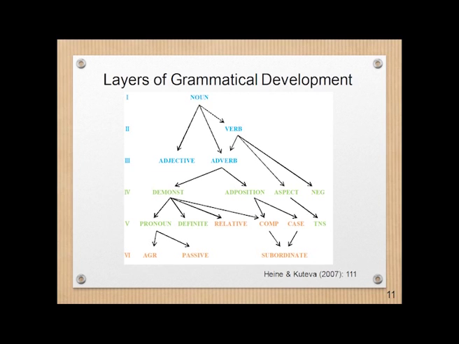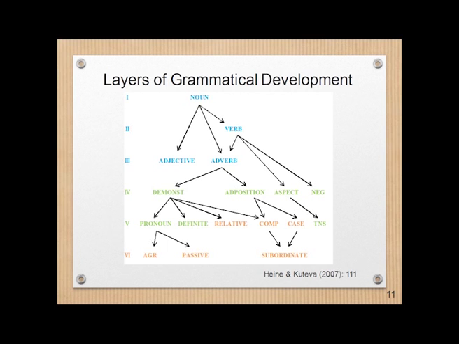And the contextual functional categories correspond to layer 4 and part of 5, indicated by green letters. And the structural functional categories correspond to part of 5 and 6, indicated by orange letters.